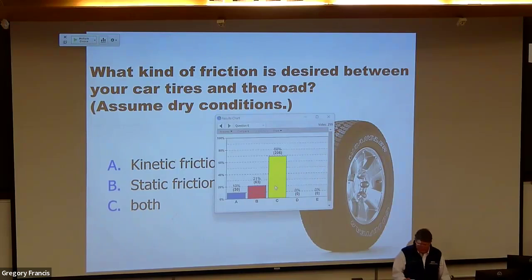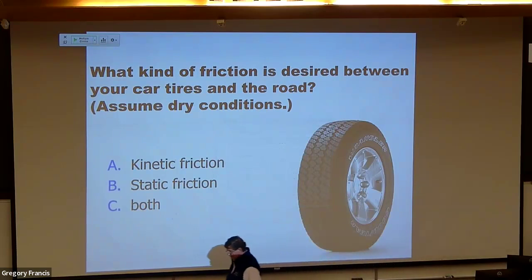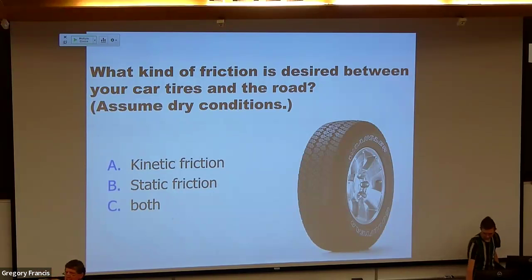Okay, we said both. And if this were a democracy, that would be true, but it's not. When you are going down the road, you do not want your wheels to be screeching unless you are a 16-year-old male. That means you want the rubber on the bottom of the wheel to be firmly meshed with the nooks and crannies of the road.